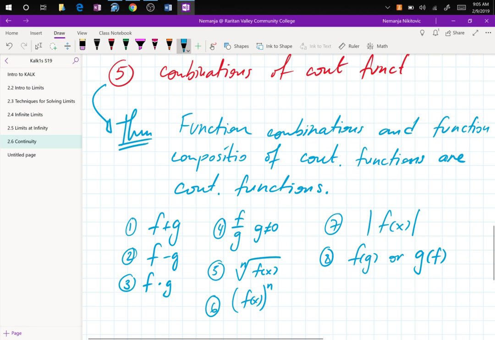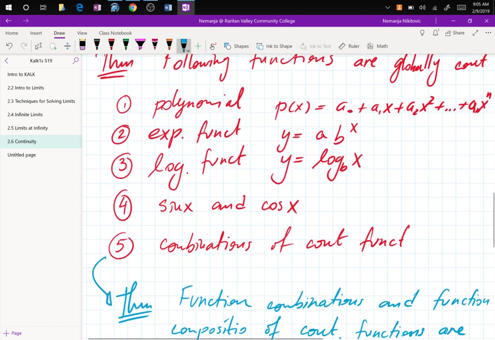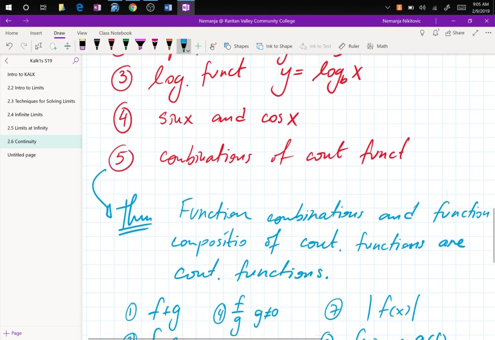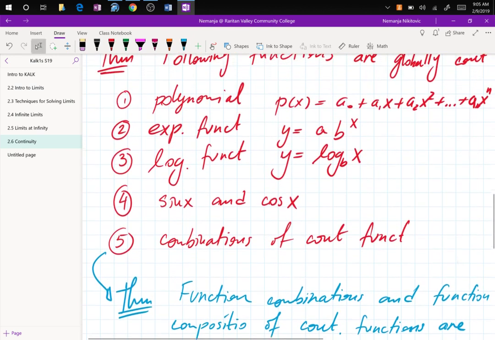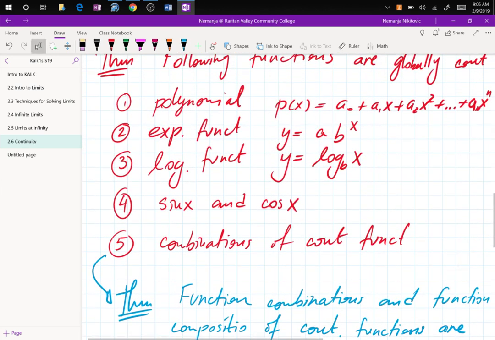So this is how you solve problems later on. Now, students forget this stuff, so when it's time to do these proofs, they don't know what to do, and it turns out to be a problem. So these are the two theorems that you will be using most of the time to show that the function is globally continuous. And that is what we need in calculus.